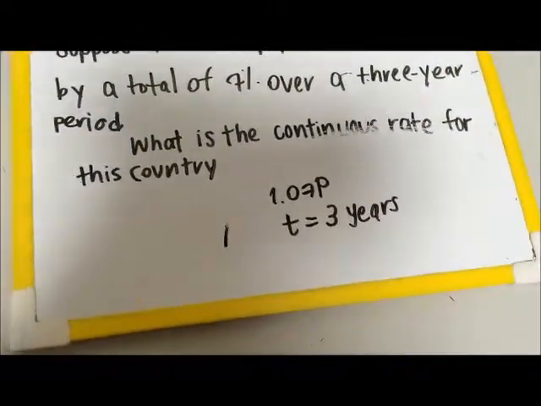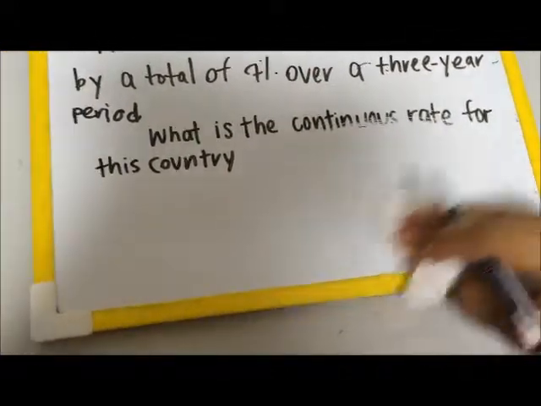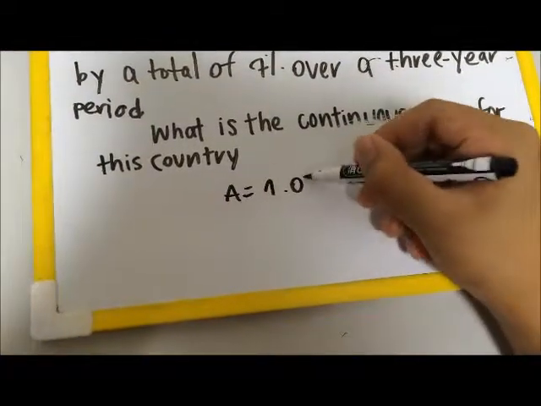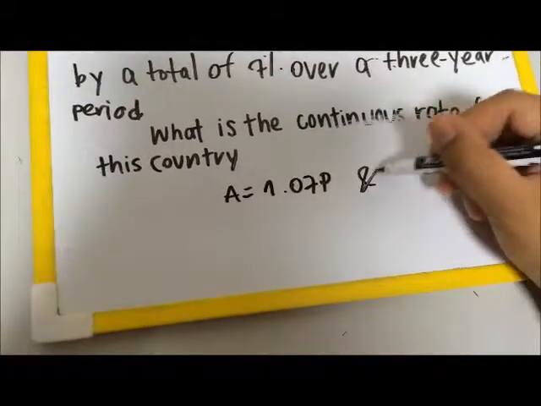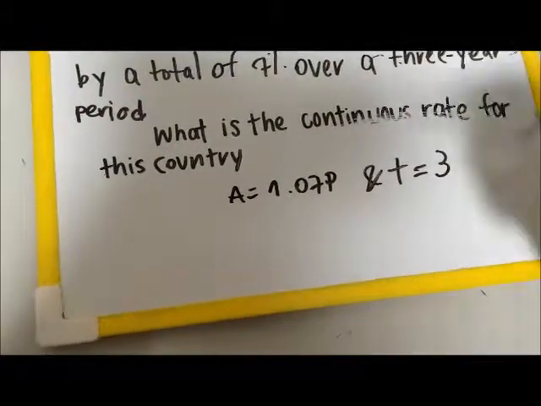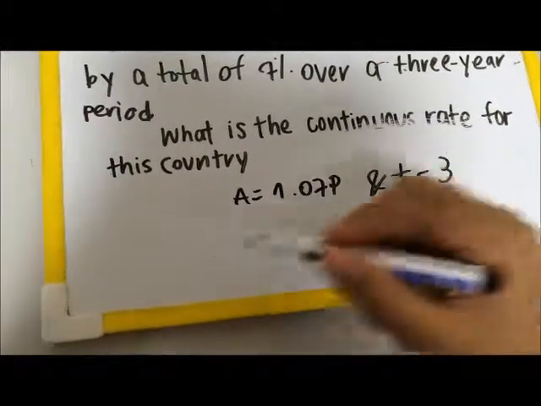And step 3: A is equal to 1.07 times P and T is equal to 3, that means 3 years. Then substitute the above values into the formula.